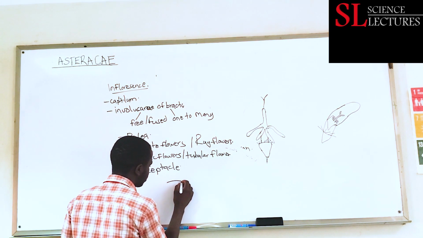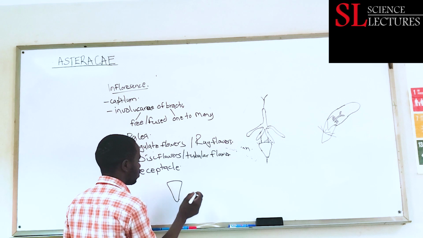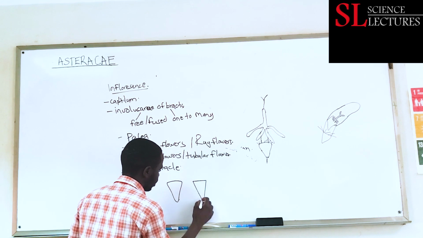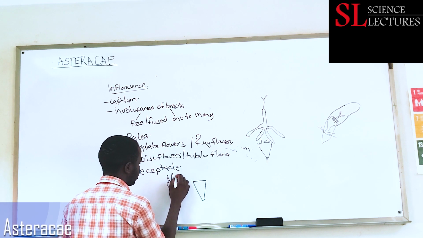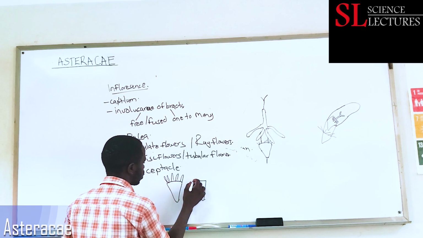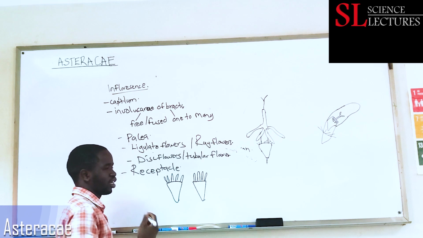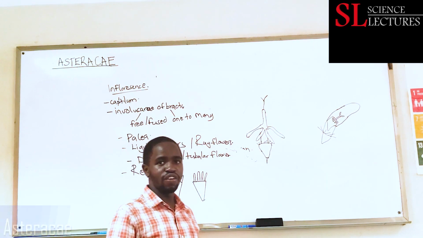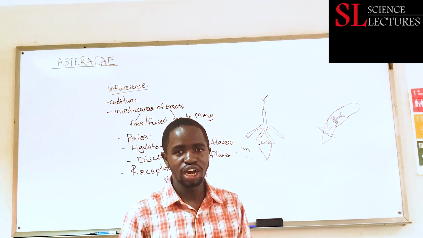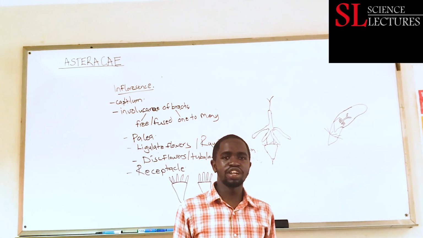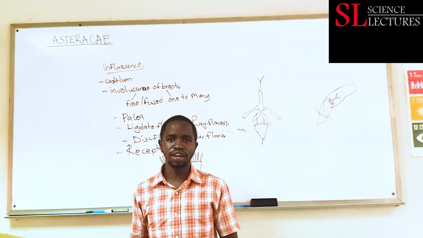Sometimes you can find it concave, sometimes flat, and here we have our flowers arising from it. The receptacle is a very important character. In fact, it is a very good diagnostic character in distinguishing the various genera and species among the members of this family.